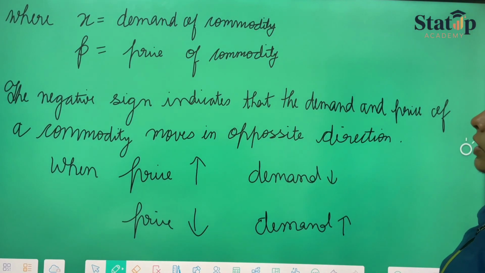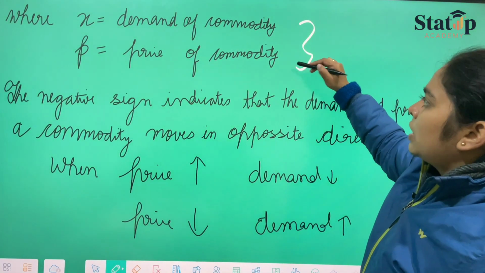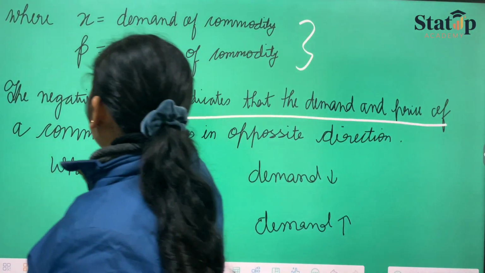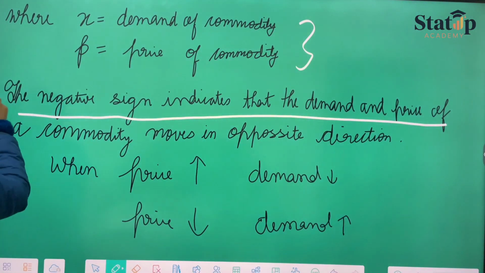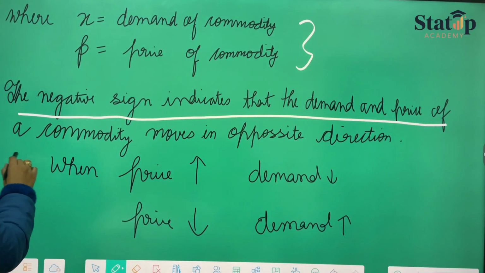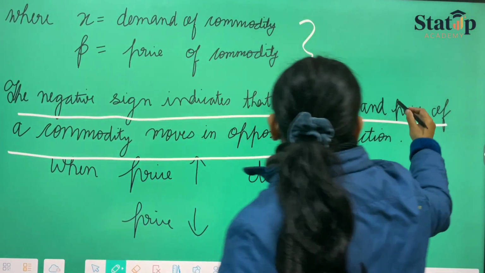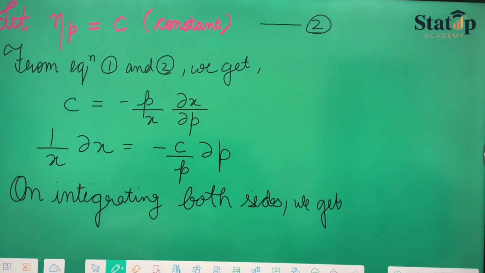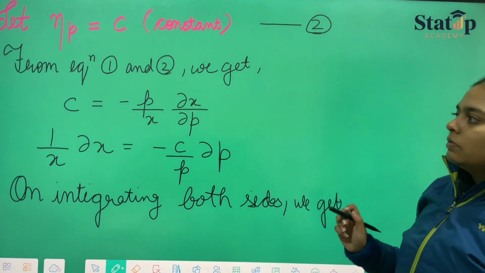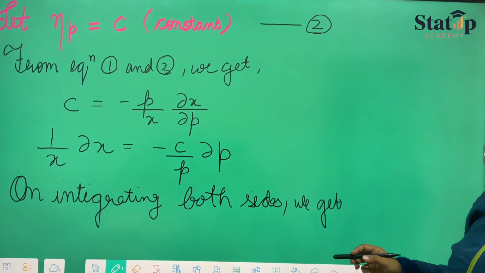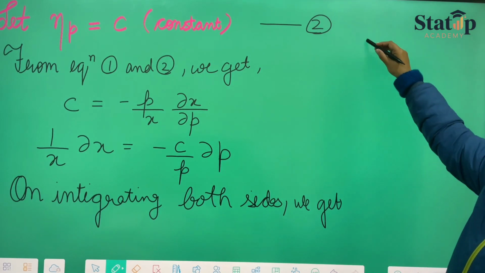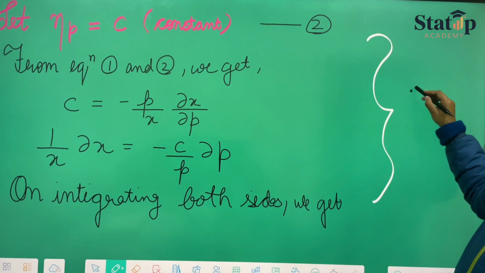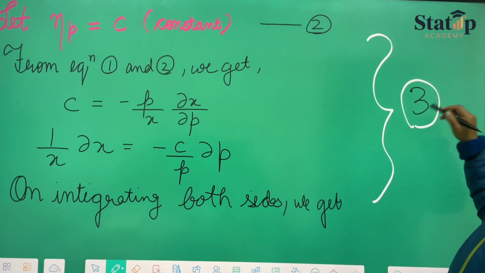Then moving forward, this will also be 1 mark. Then this negative sign, which we have mentioned here, this point is very important, and all these points will carry 1 mark again. Then moving forward, the first part of the question, which has asked if it is a constant or not.